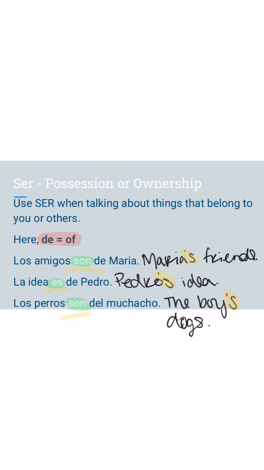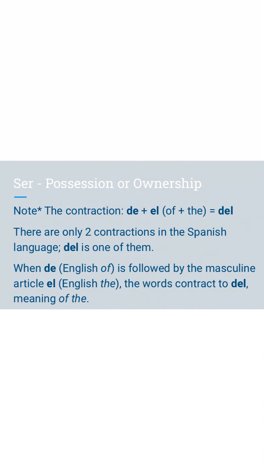Right now, I actually would like to take a look at this special little word here, de. All right, so Spanish only has 2 contractions in the entire language. How easy is that? And one of them we're going to learn right now, and that is de plus el, meaning the.